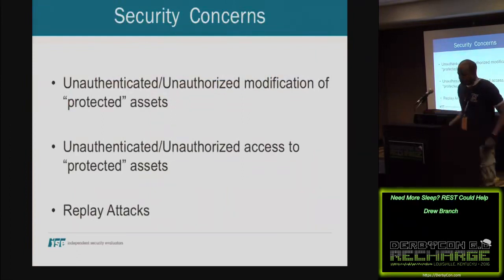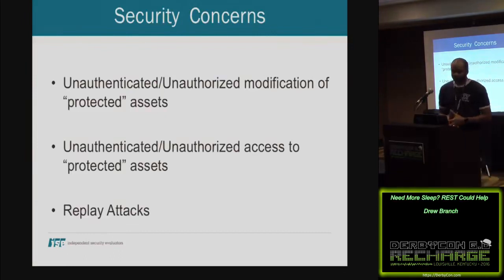So a couple security concerns we have when we test RESTful APIs. Developers want to protect against unauthorized or unauthenticated modification of protected assets. They also want to protect against unauthenticated, unauthorized access to protected assets, as well as defend against replay attacks.